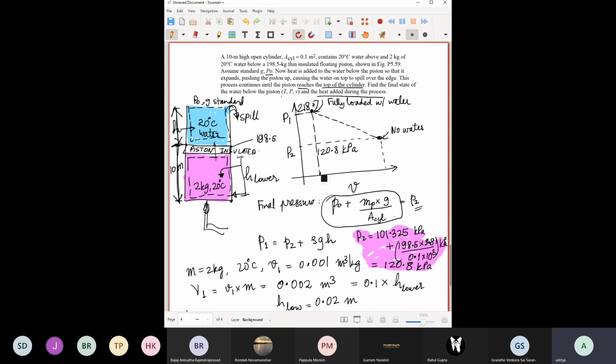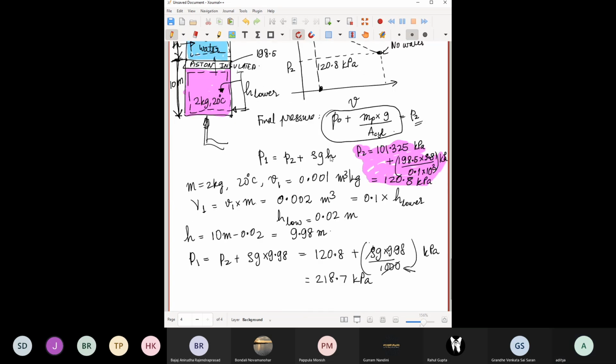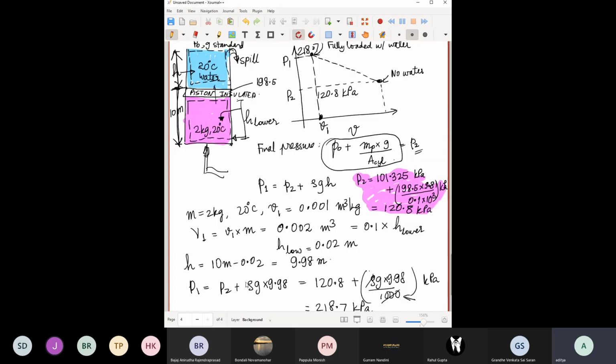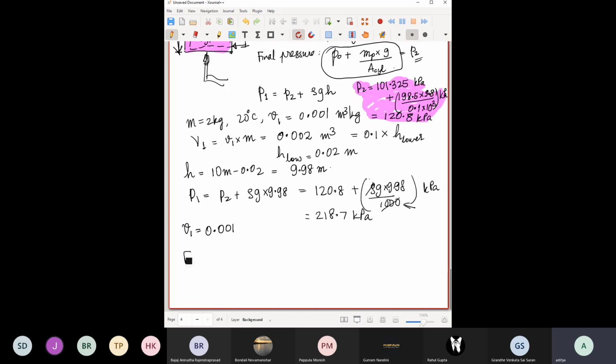And what is the initial volume V1? We already know the initial specific volume is 0.001. And what is the final specific volume?